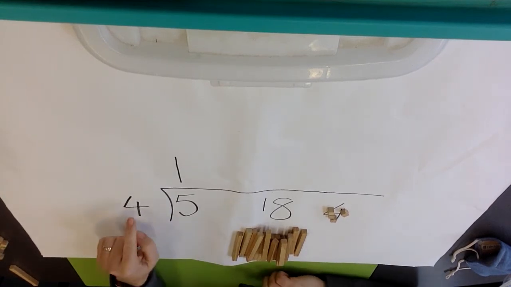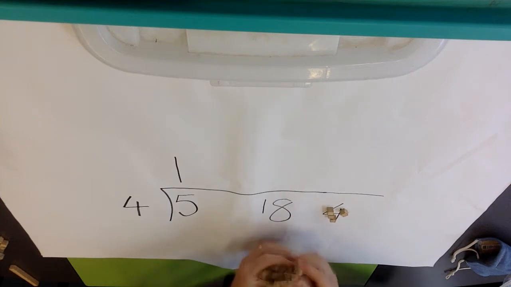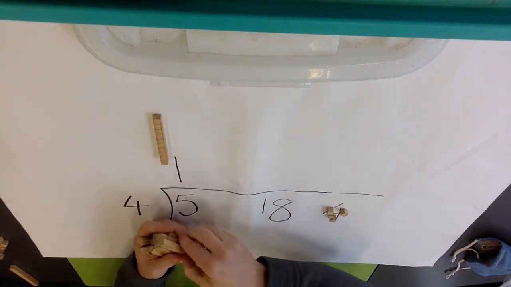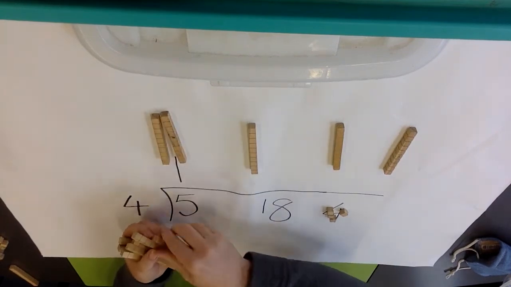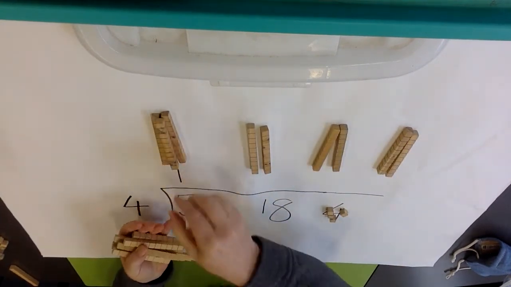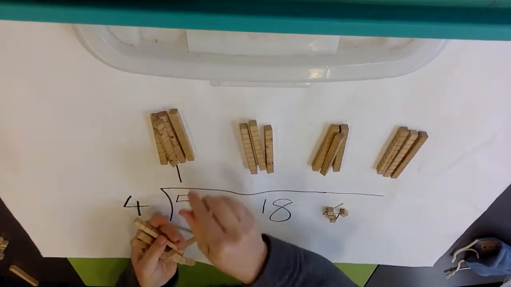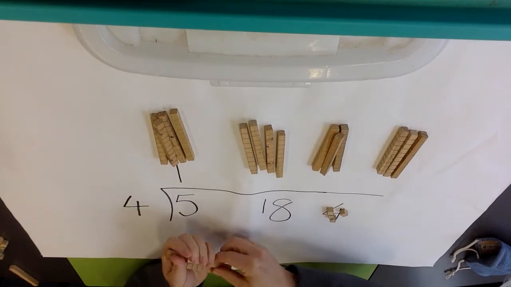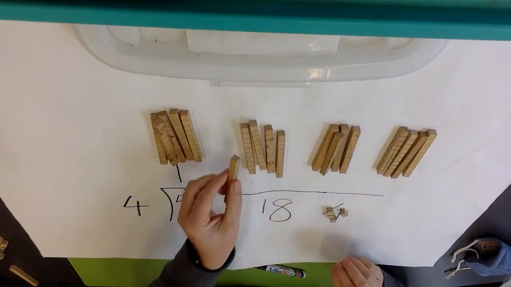Now I have to divide my 18 tens into 4 equal groups. So 1, 2, 3, 4. 1, 2, 3, 4. 1, 2, 3, 4. 1. Oh, wait, 2.